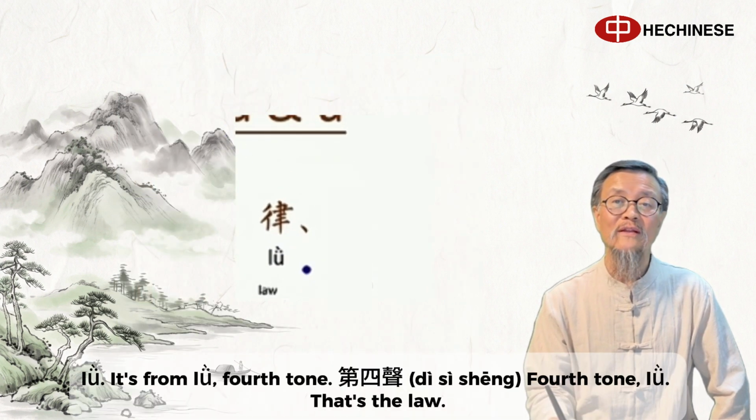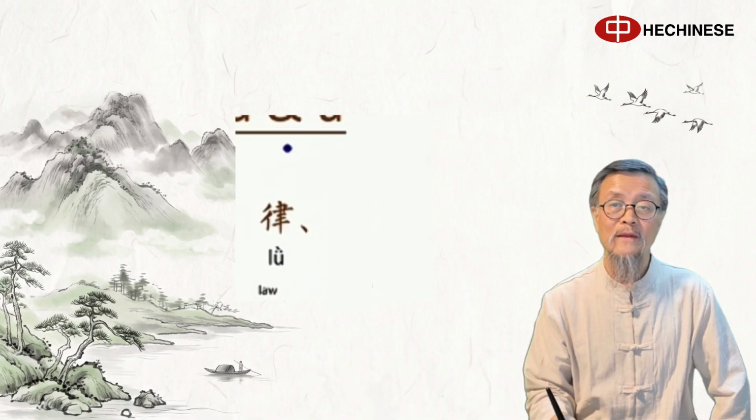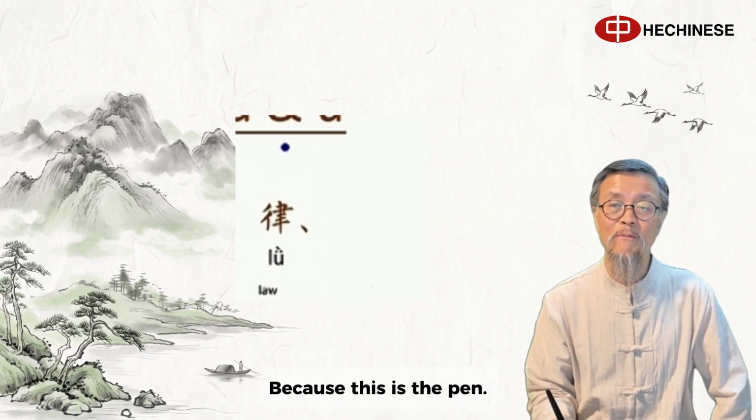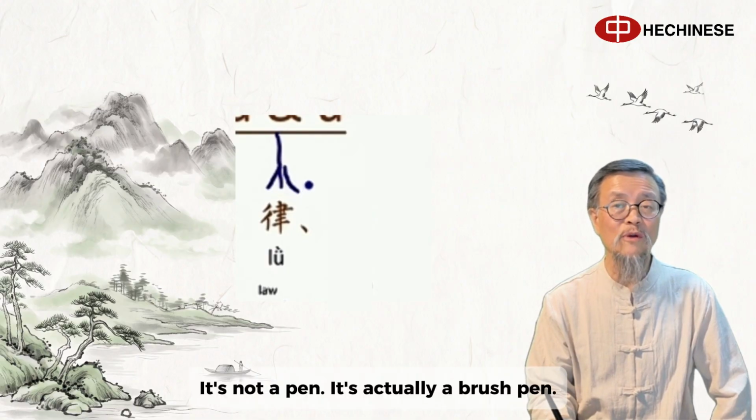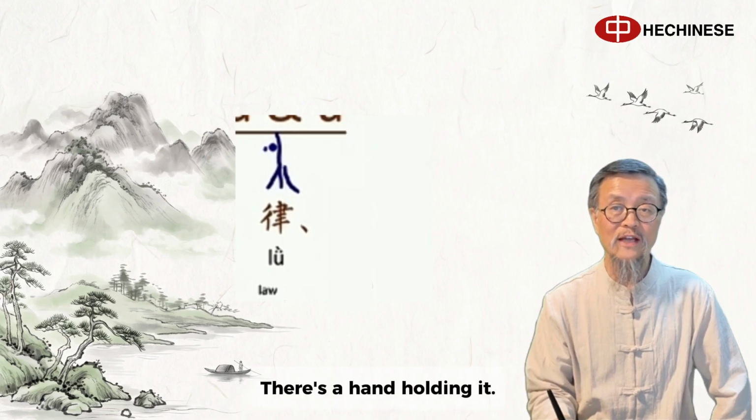Lü, that's from the lü, fourth tone, 第四声, fourth tone, lü. That's the law. Because this is a pen. It's not a pen, it's actually a pen brush held in a hand.